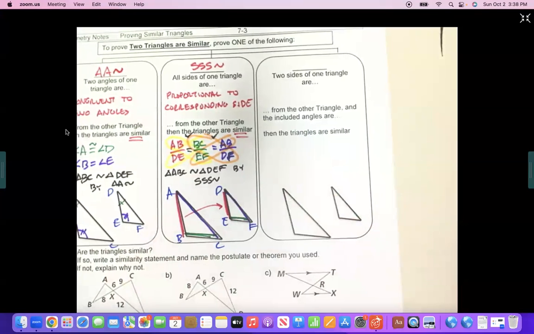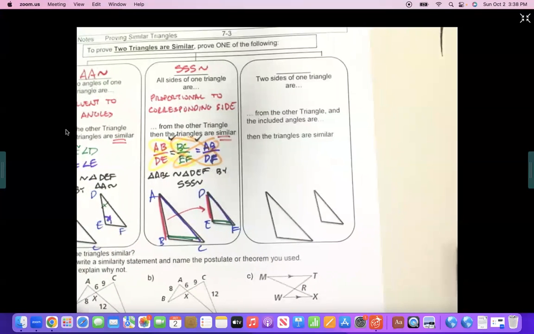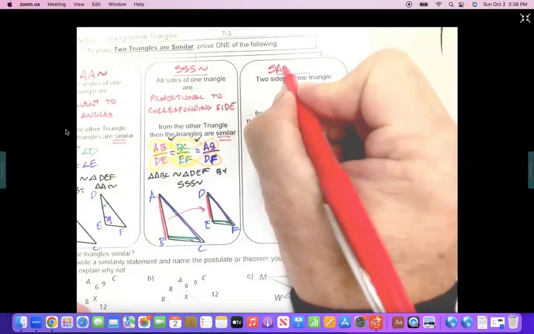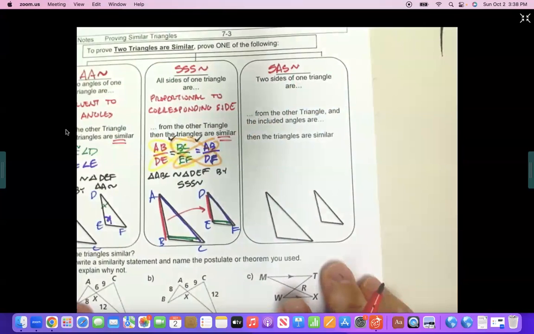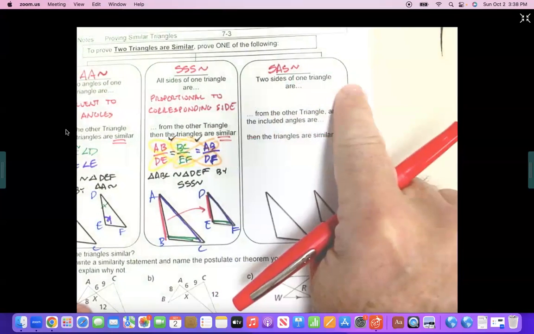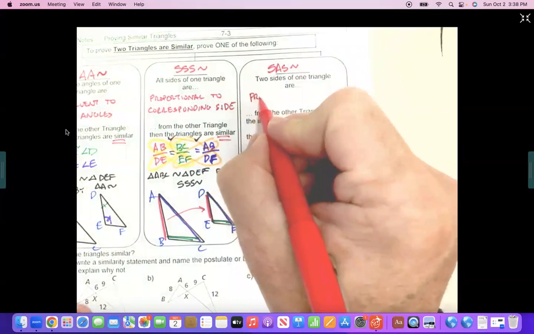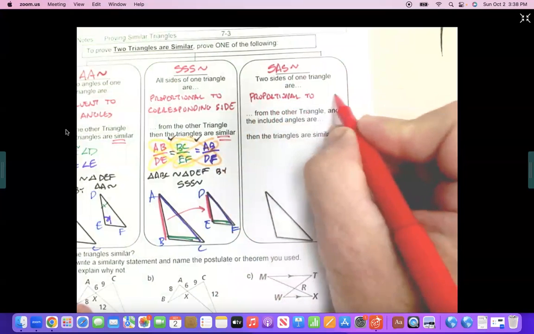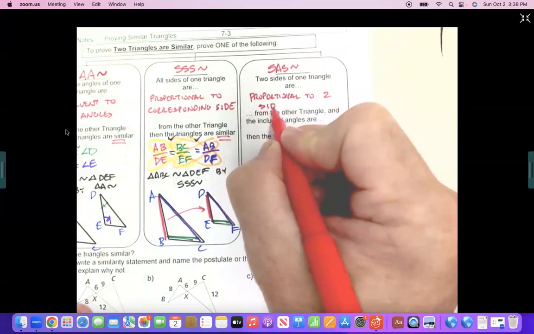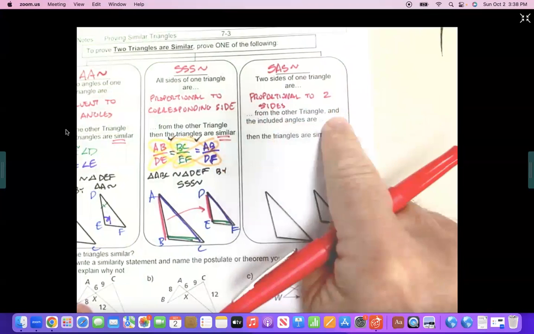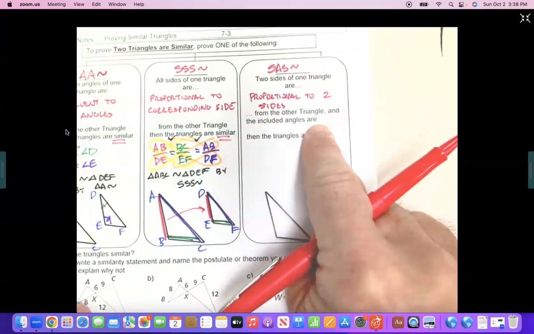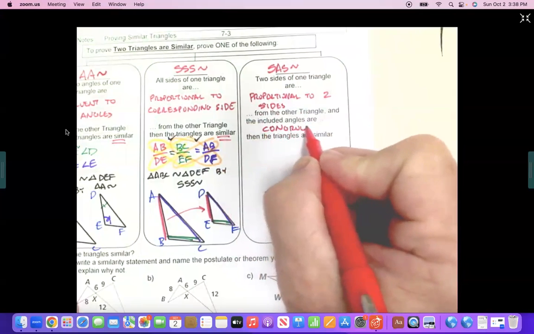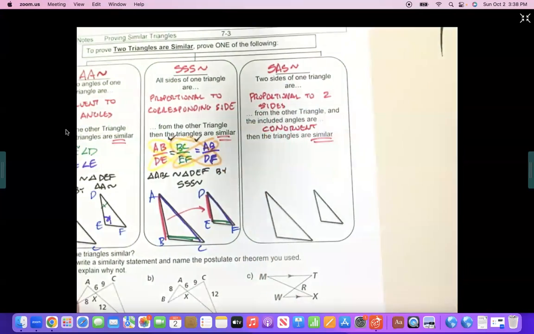Our last one also looks like one of our congruent theorems, and that's our side-angle-side similarity. And it goes like this. If two sides of one triangle are proportional to two sides from the other triangle, and the included angles are congruent, then the triangles are similar.